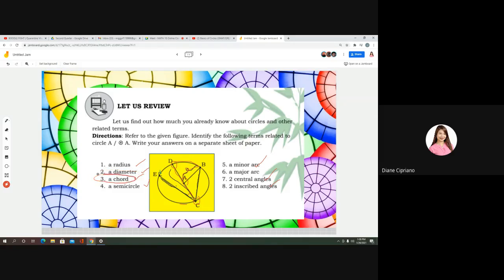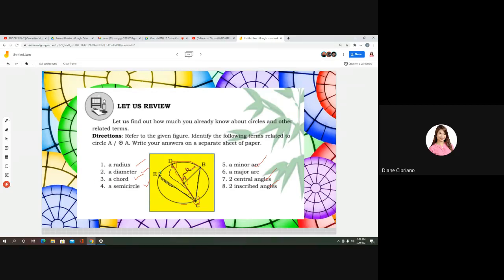And for the chord, it is from edge to edge of the circle. So we have chord EC, chord BC, and special chord, the longest chord or the diameter, DC.